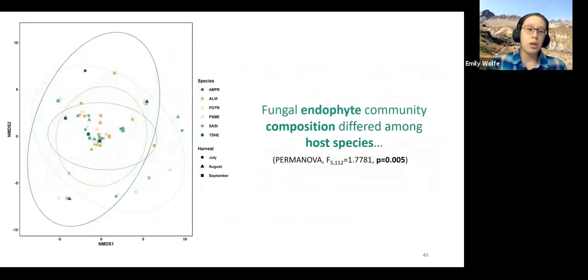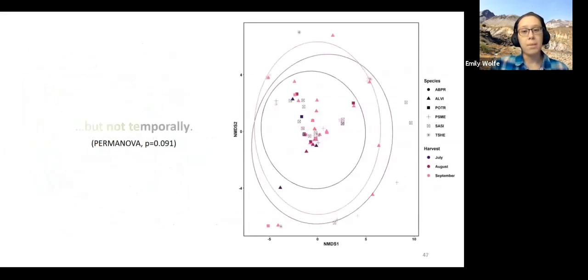Okay, so I have a non-metric multidimensional scaling ordination here to show the differences in species composition. We found that the composition differed among hosts, but did not differ over time, in the context of the 3 months that were sampled in the study, so July, August, and September of the 2017 field season.